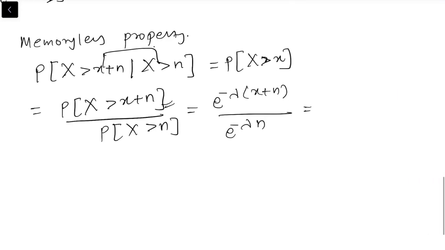Let's do one more step. So this is e to the power minus lambda x, and this is nothing but probability x greater than x. So this proof is very simple.